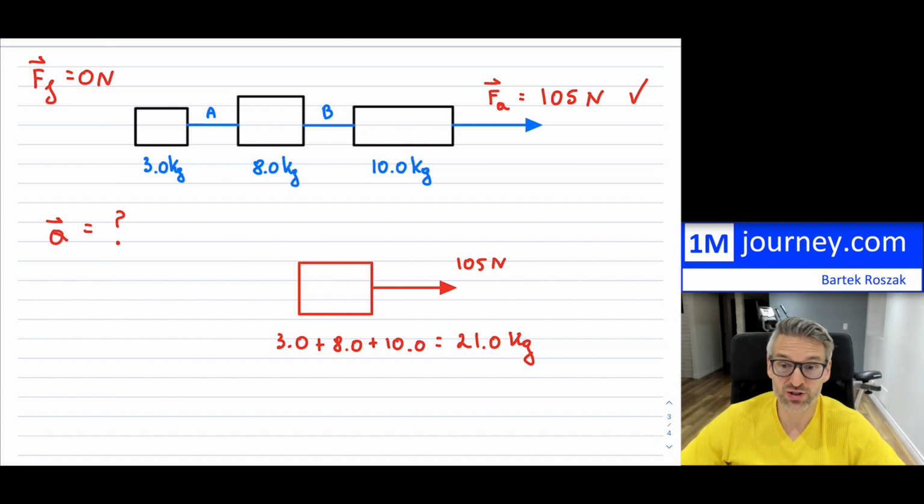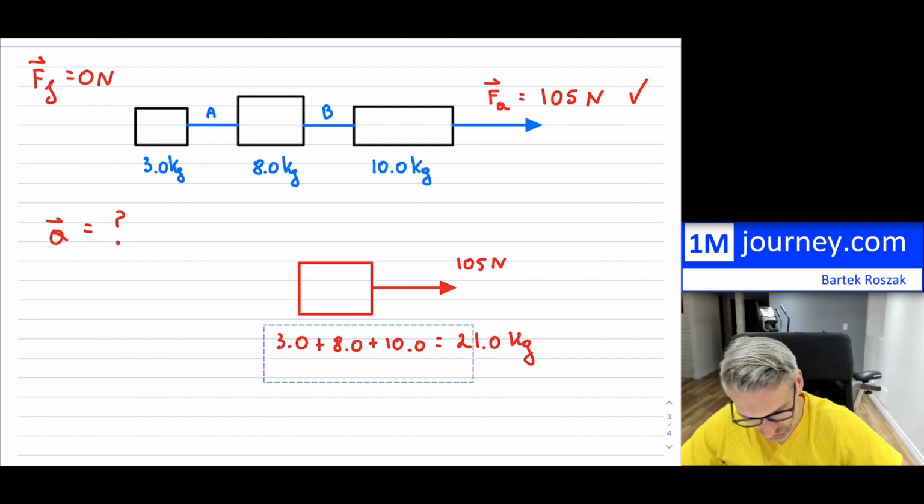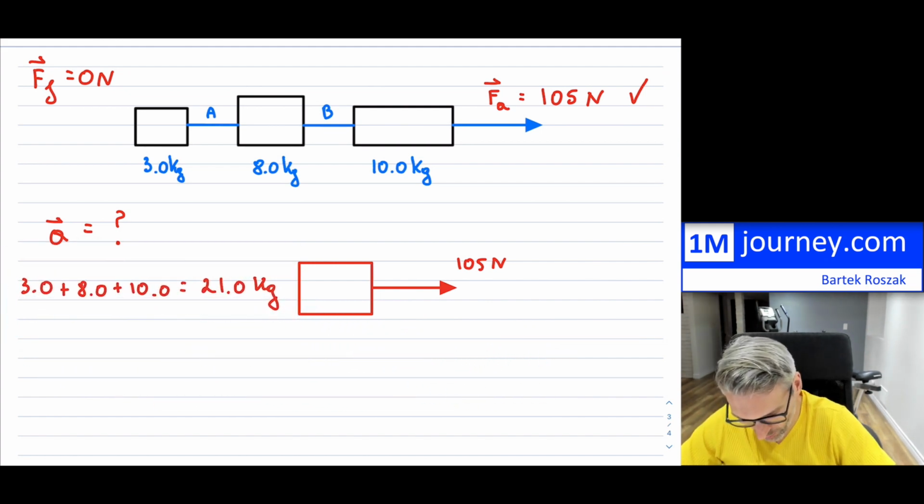I have no friction forces, so I don't have any opposing forces due to motion. There's nothing else in here, except the fact that I do, maybe I'll put this on the side here, that I do have a force of gravity, of course, right there, which is going to be acting. This is going to be the force of gravity. And then there's going to be a normal force.